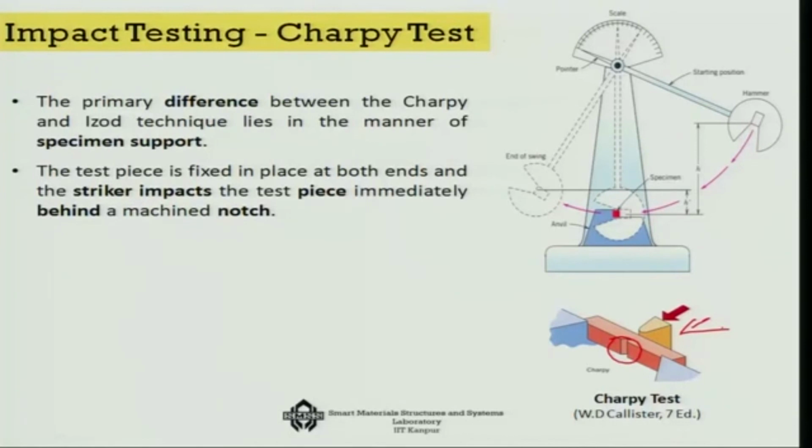That is one difference between the two, and also in a Charpy test you are supporting the material at two places instead of one location. But both of them are very good tests which can measure how much energy a material can absorb, and that means how tough the material is, and how much impact strength there is in the material.